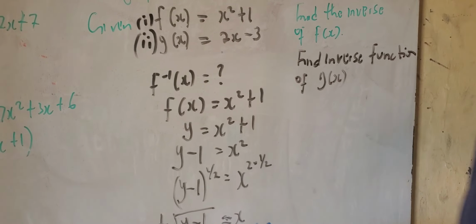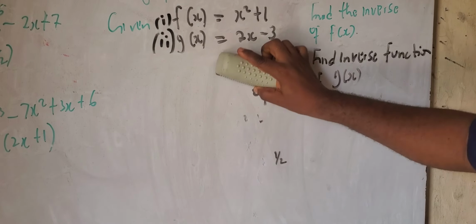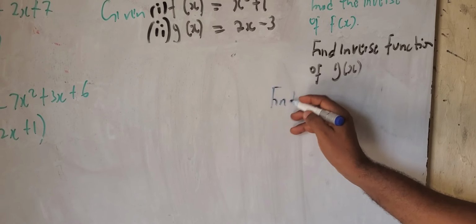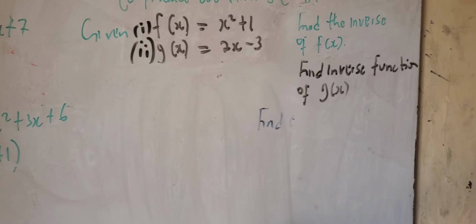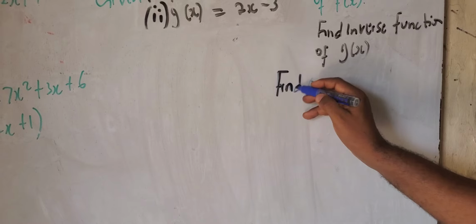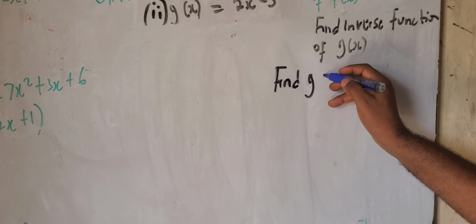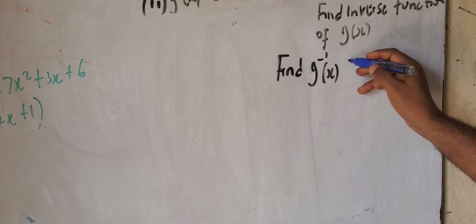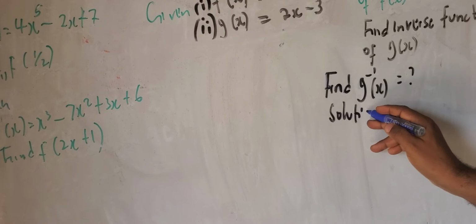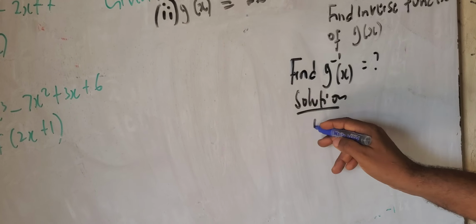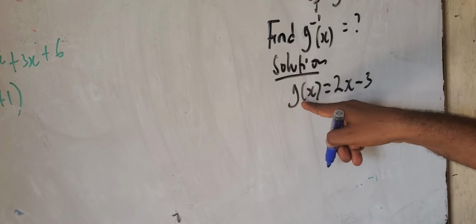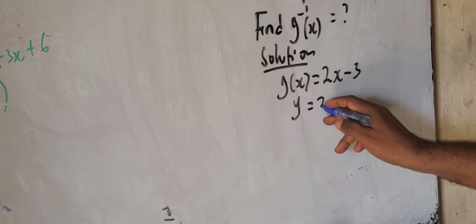The meaning of inverse function of g of x is to find g inverse of x. That is the meaning of inverse function. So that's what we want to find. Since our g of x has been given to be 2x minus 3, let g of x be y, is equal to 2x minus 3.